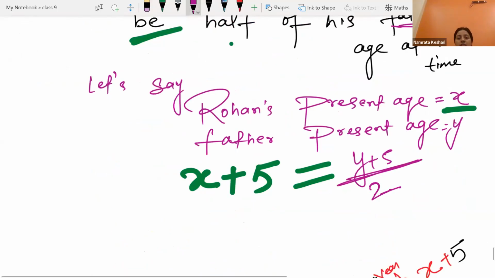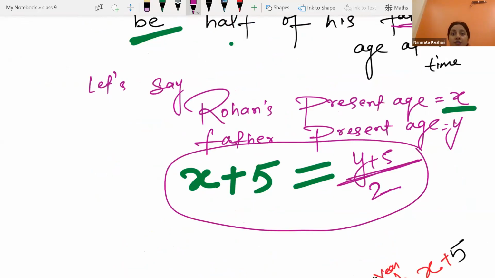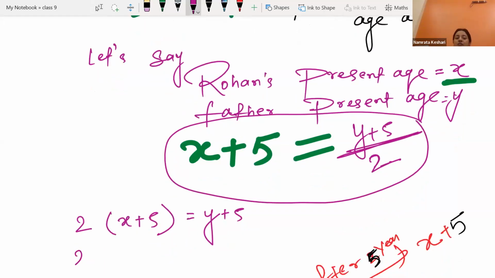This is your linear equation in two variables. You have to arrange it systematically. How? You will be taking this 2 to the other side. You will be multiplying this way: 2 multiplied with x plus 5 is equals to y plus 5. Now, the distributive property will help you do the multiplication, and you will say it is 2x plus 10 is equals to y plus 5.